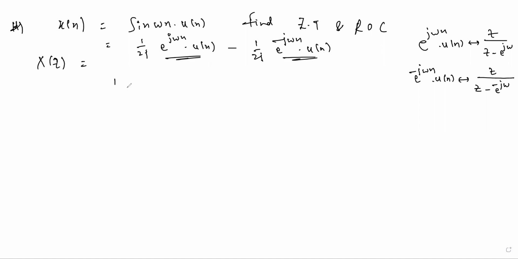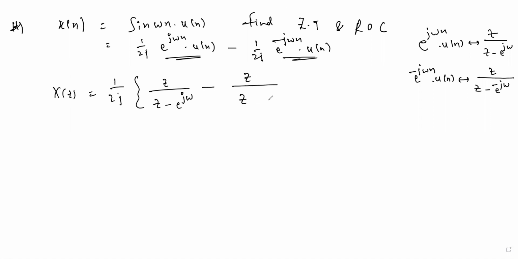So x of z will be 1 by 2j. Just write this one here. This one, z upon z minus e to the power of plus j omega, minus z upon z minus e to the power of minus j omega.